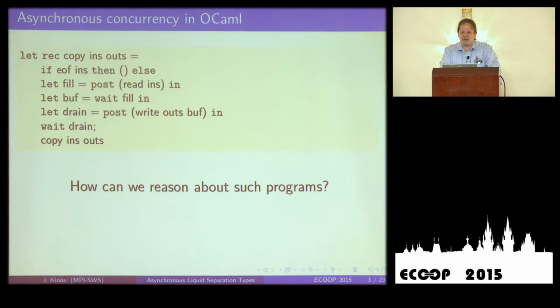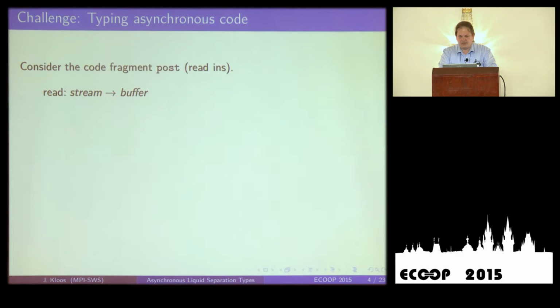So since we're using OCaml, the obvious thing to try is to use the type system somehow. And there are two challenges now. One is that we need to type asynchronous code. So if you just consider a small code fragment, post, read from the input stream, where we can assume, for example, that read is just a function that takes a stream as an argument and returns a buffer.